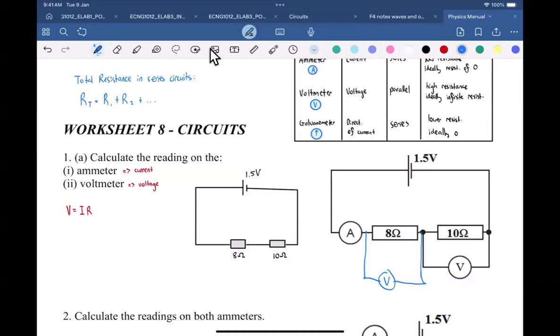Put it as a fraction or a decimal. Wait, let me tell you. So which one did you calculate first? The voltage across the 8, voltage across the 10.